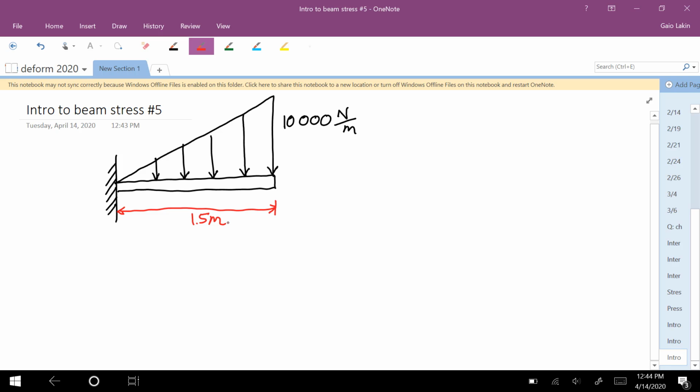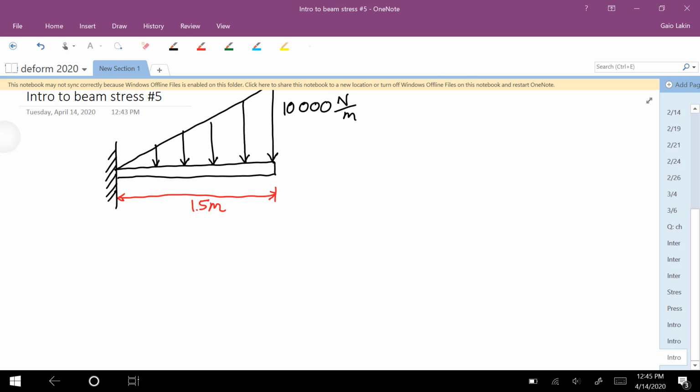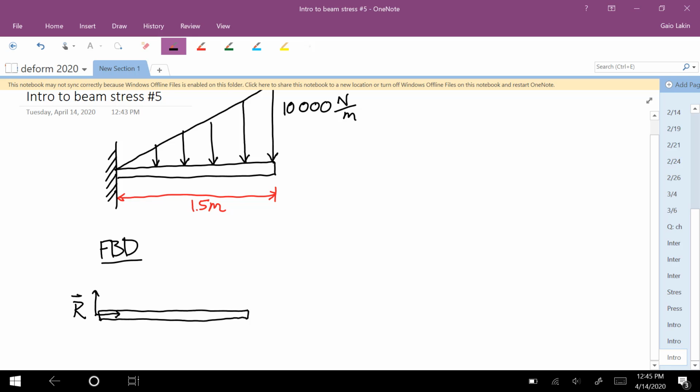Okay, calculate the internal loads and then calculate the XX normal stress. First, we have to come up with the reactions at the fixed joint. So if I do a free body diagram of the whole thing, we have a reaction force and a reaction couple from the fixed joint.